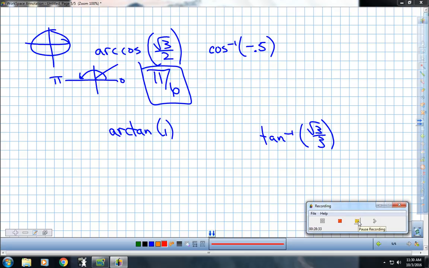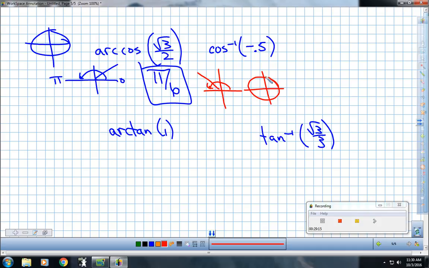Okay. Inverse cosine. So you guys can start to hear me say the same thing. So hopefully that's a good thing. Inverse cosine, we know, is defined from 0 to pi. It is negative, which is going to stick it in what quadrant? Second quadrant. So I know it's going to be over here somewhere. Then I bust out my unit circle, because that's what I do. And I say, when is the cosine, the x coordinate, negative 0.5 or negative 1/2?